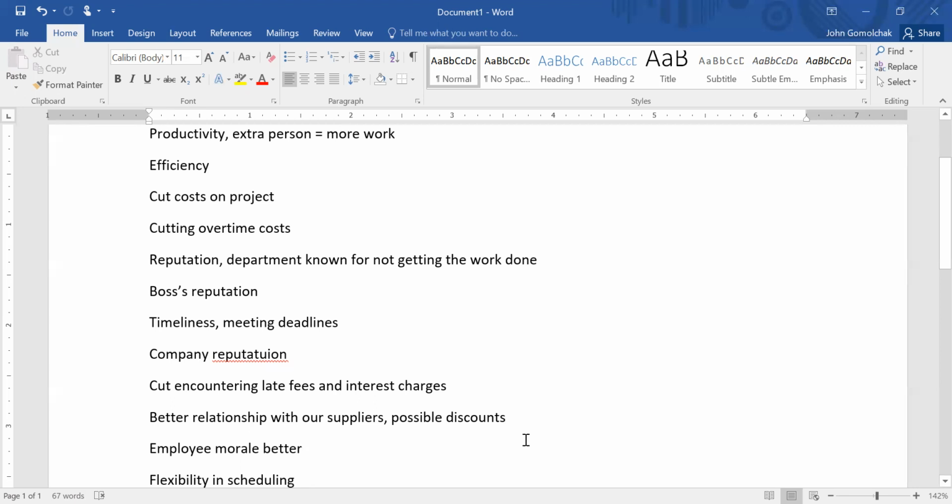This could also lead to an increase in the bottom line, adding profit to the company for whatever amount of discount we're able to realize through our more efficient processes.